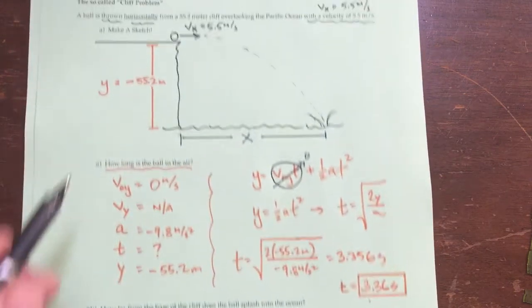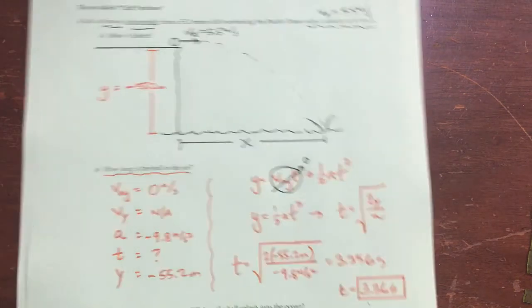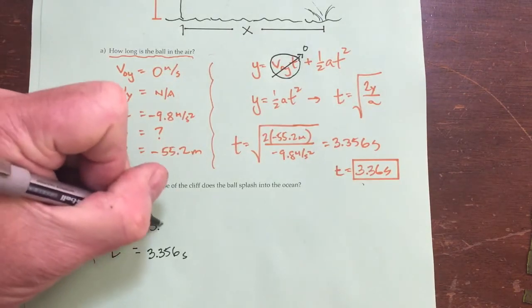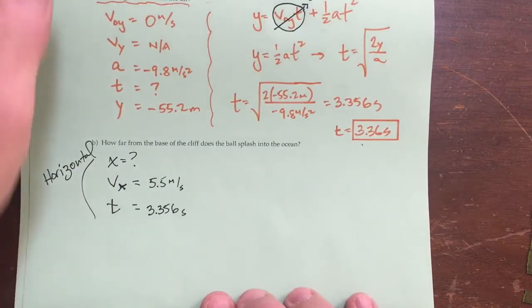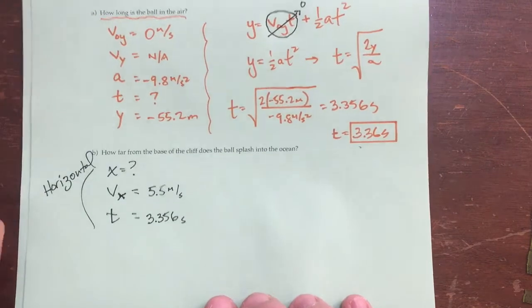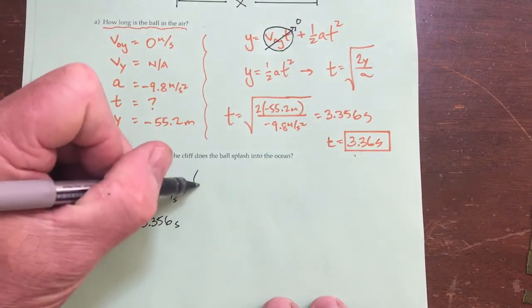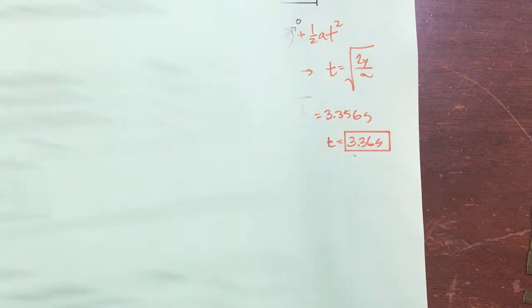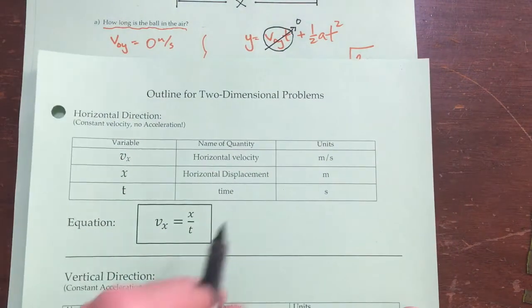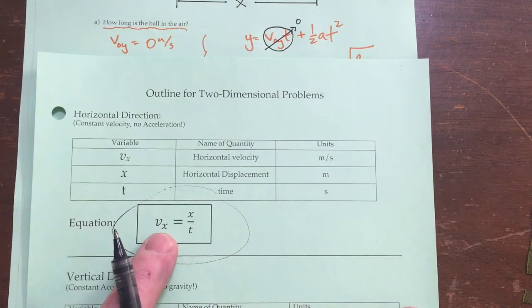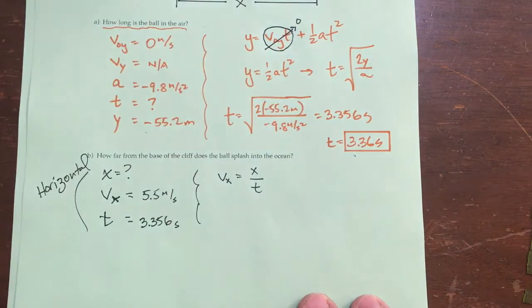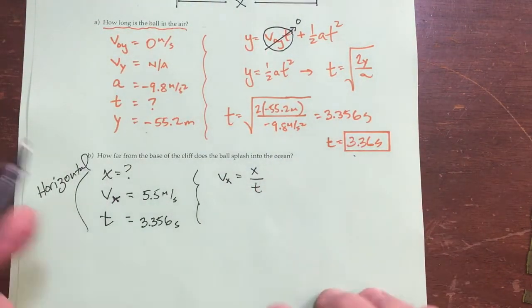Let's do this quickly. We know that the horizontal velocity was 5.5. So I'm going to put that in here for my Vx. And we know we want to find x. So the equation in a horizontal direction, there's only one equation. It's just v in the horizontal direction equals x over t. Because I want to find x, I'm going to solve for x.